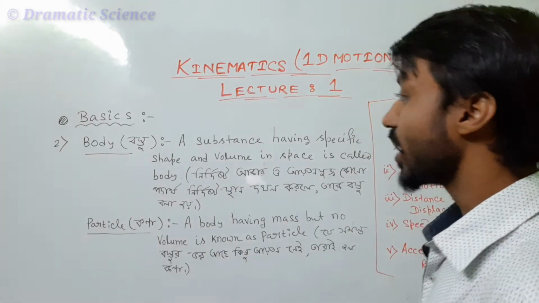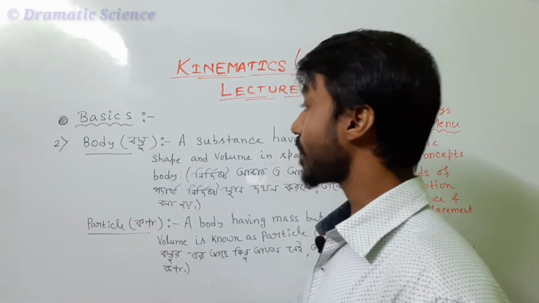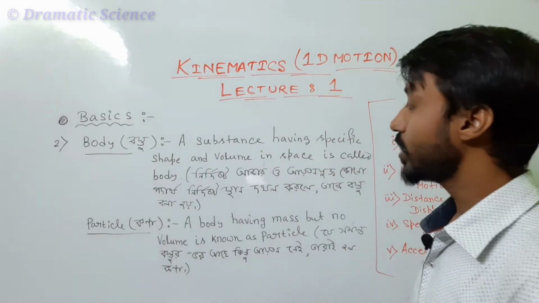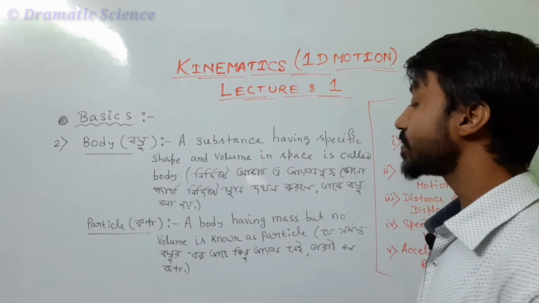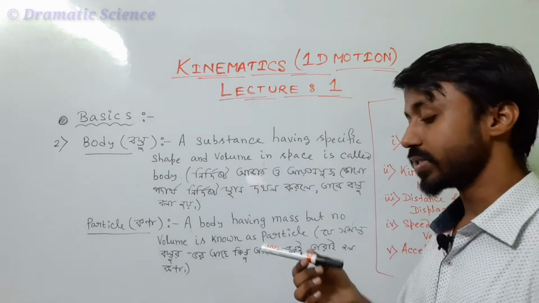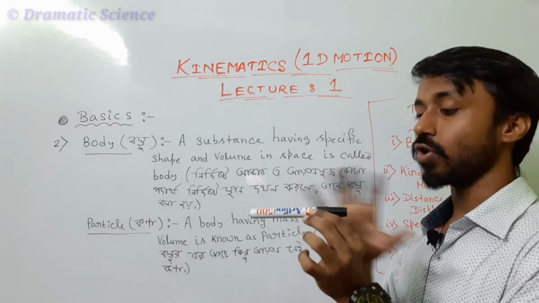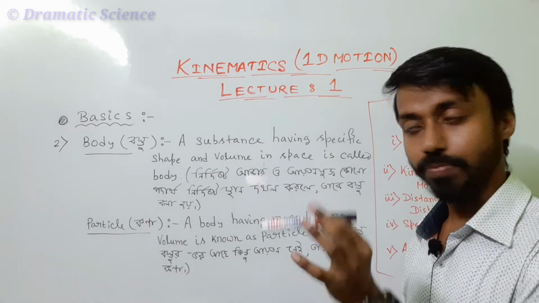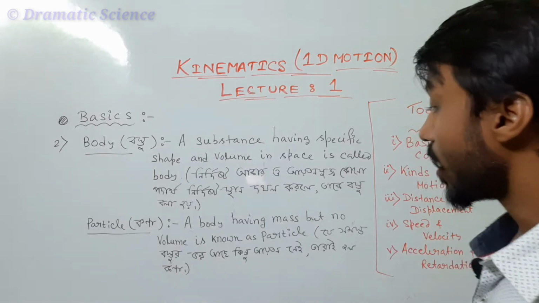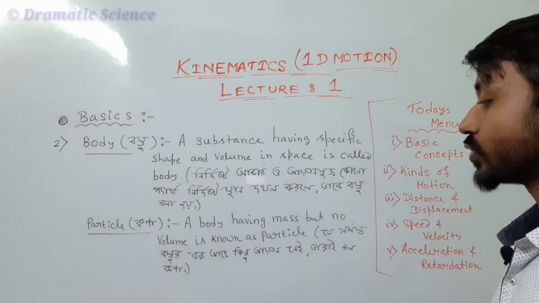So now we have concept number 2, definition of body and particle. What is a body? A substance having specific shape and volume in space is called a body. That means if we consider this pen, it has a certain shape and certain volume. So this is a body. Simple. Particle: a body having mass but no volume is known as a particle.